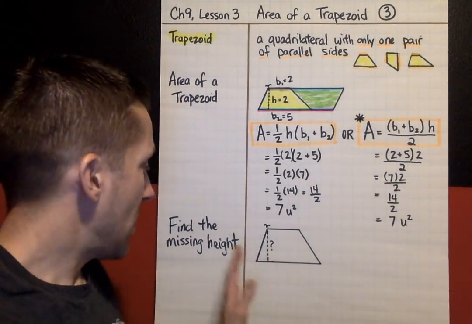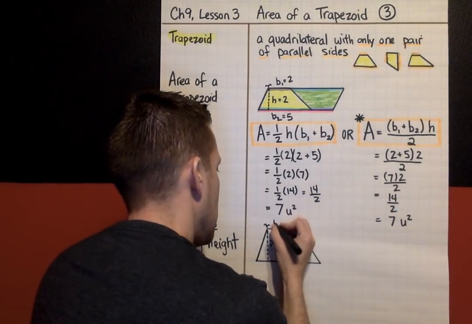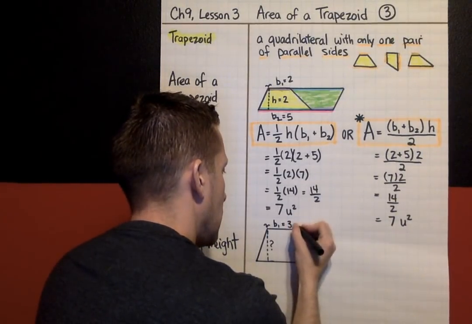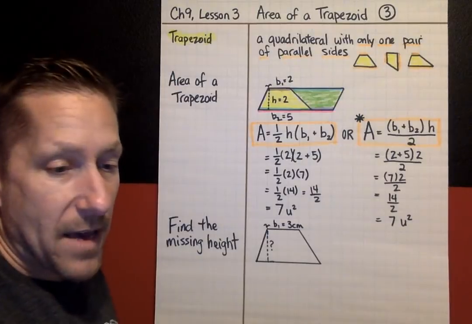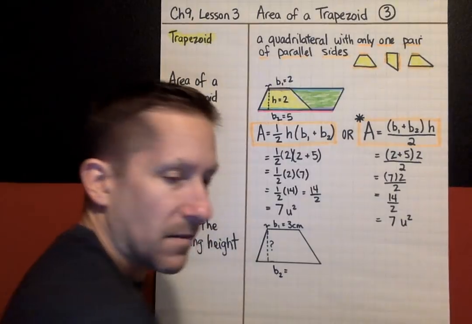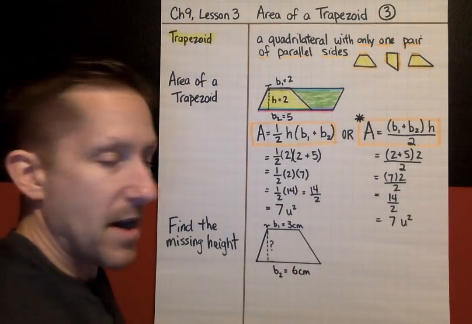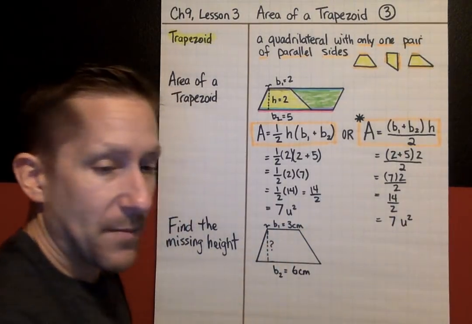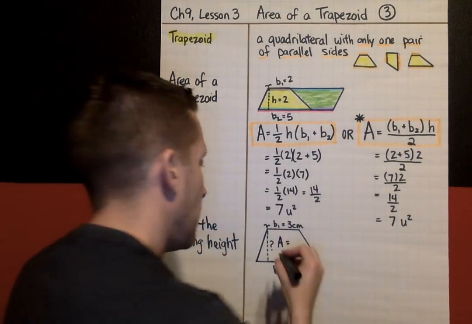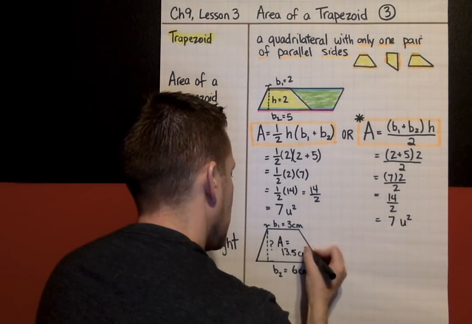Okay, this problem is find the missing height. I know what that is. I know that base 1 is 3 centimeters. And I know that base 2 is 6 centimeters. And this time I know that the area of the trapezoid is 13.5 centimeters squared.